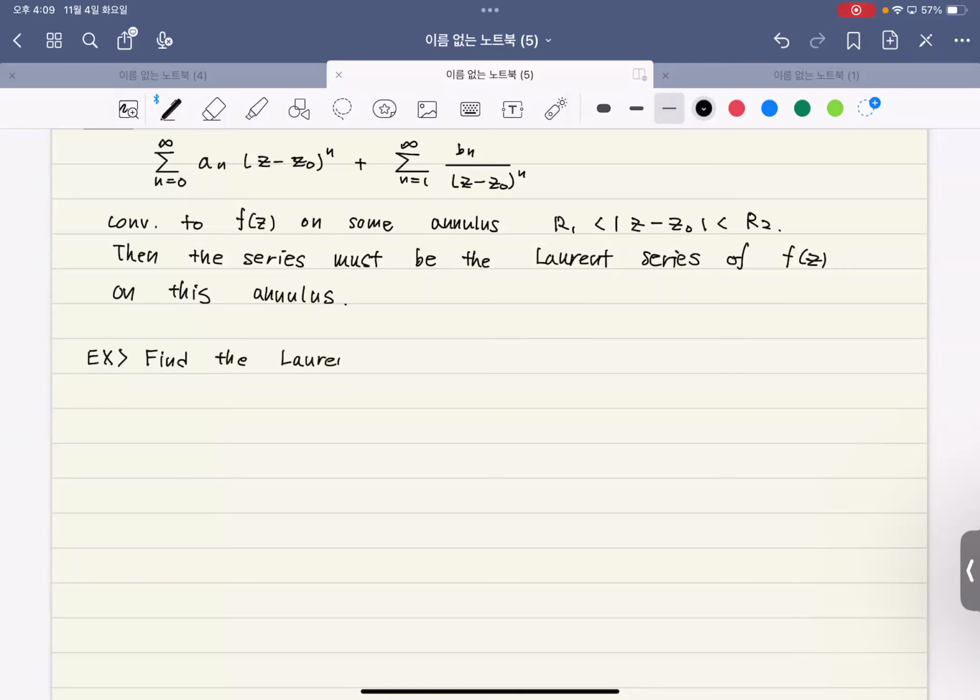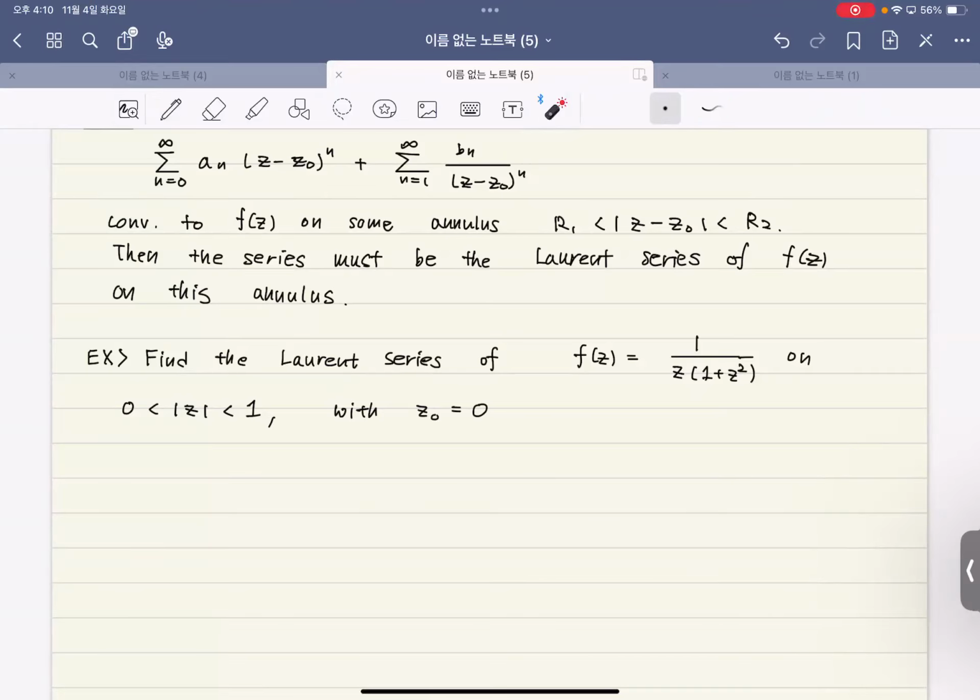Suppose that I want to find the Laurent series of this function, f(z) = 1 over z times (1 plus z squared), on this punctured disk with the center at the origin.